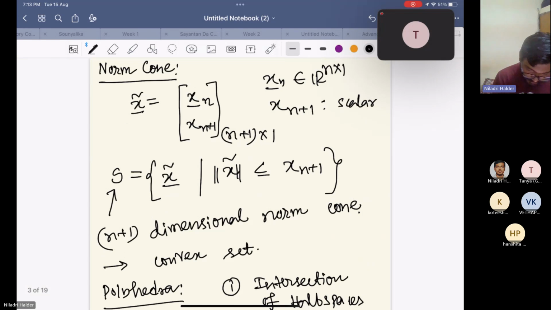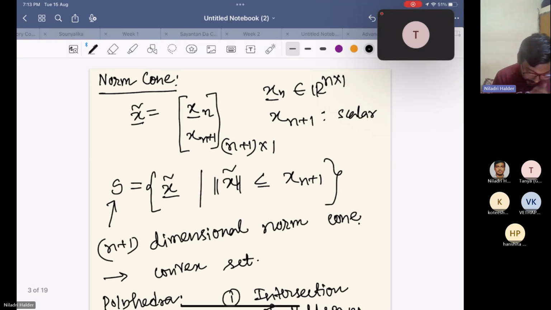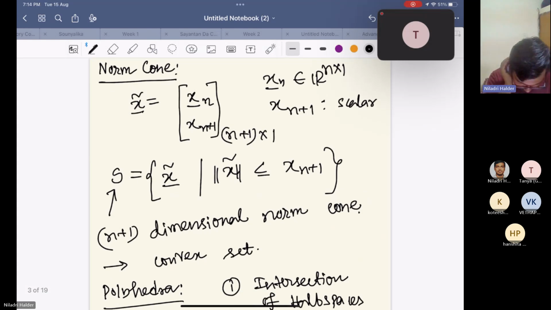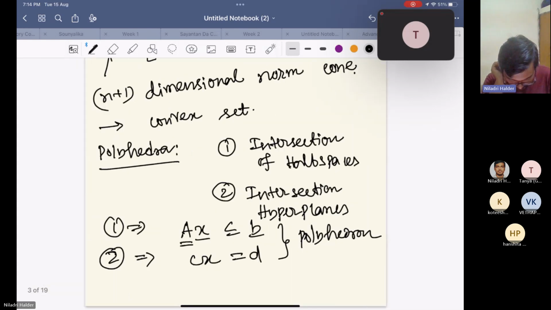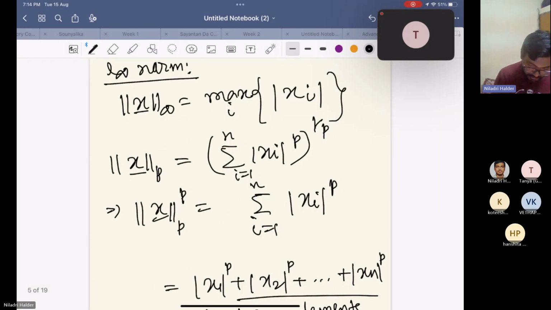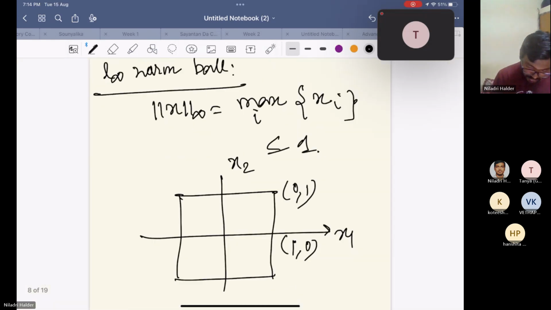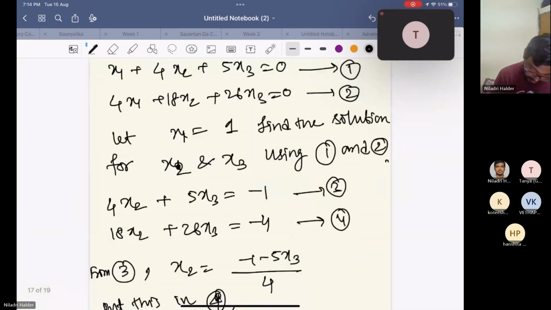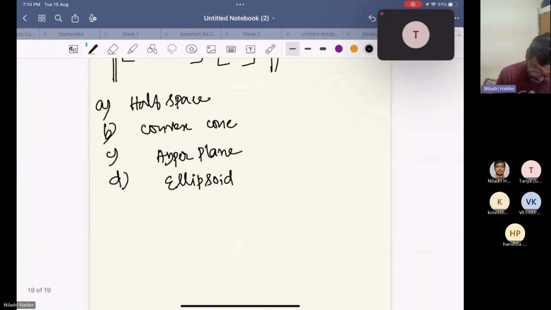Then what will be the norm cone? So the convex cone will be this, less than or equal to some element x_{n+1}. From the definition itself, it's a convex cone actually. So it's a convex cone.